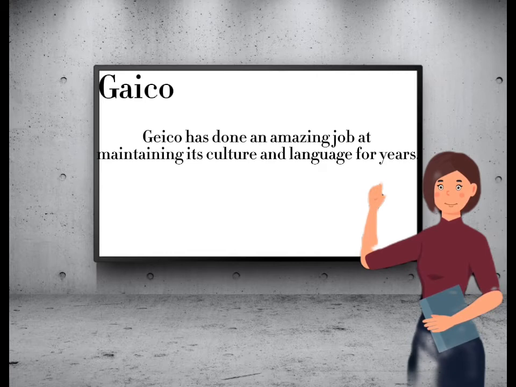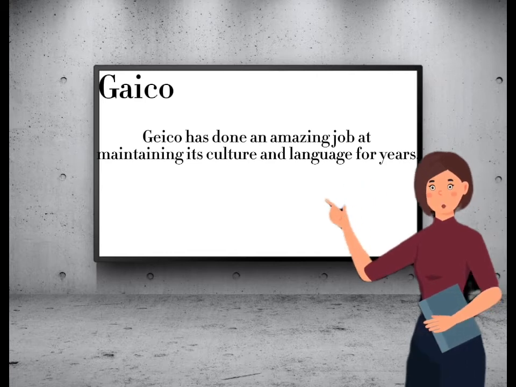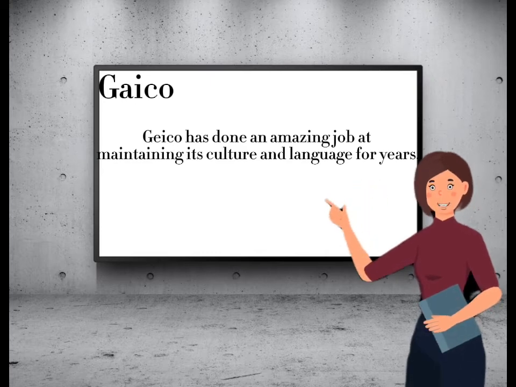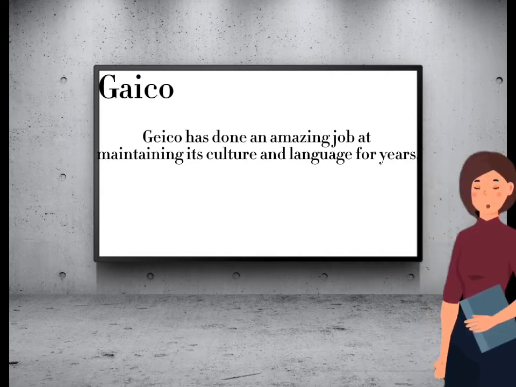Next, Geico. Geico has done an amazing job at maintaining its culture and language for years. Whether it's the brand catchphrase or the British gecko, it's instantly recognizable. Its brand strategy is simple: familiarize people with the brand by using a funny gecko.